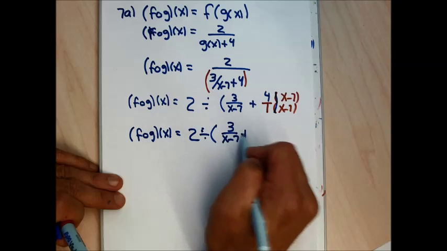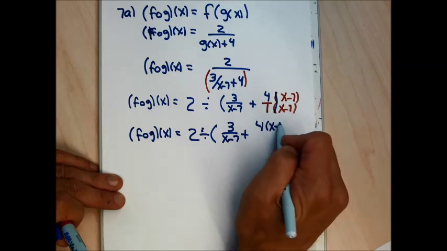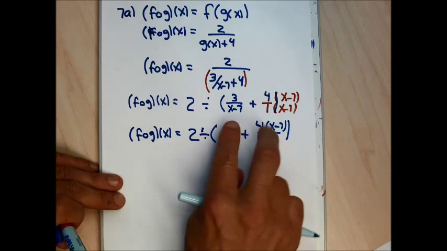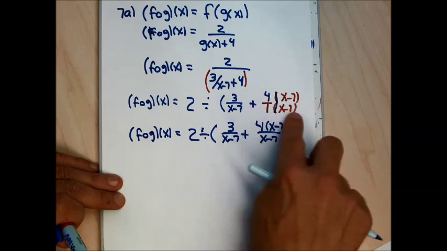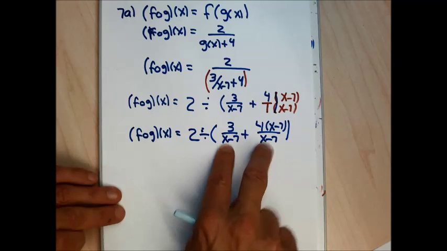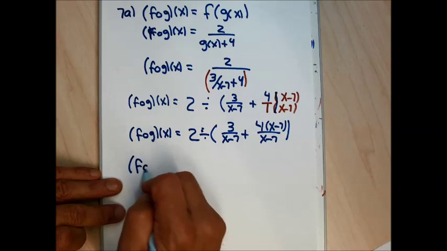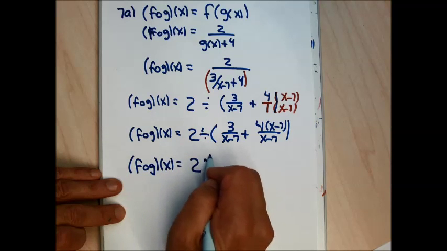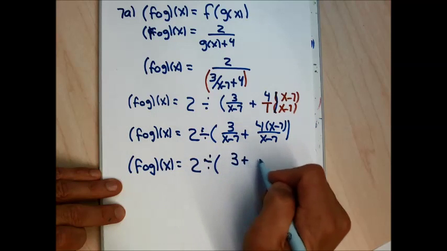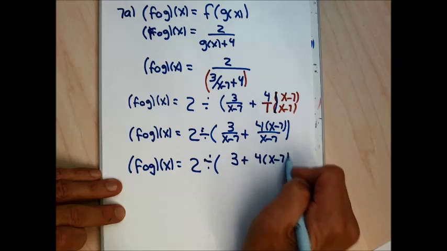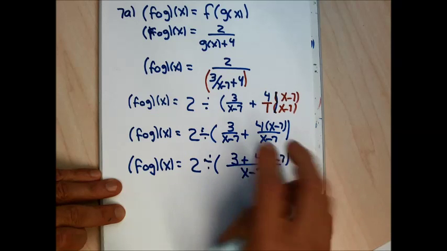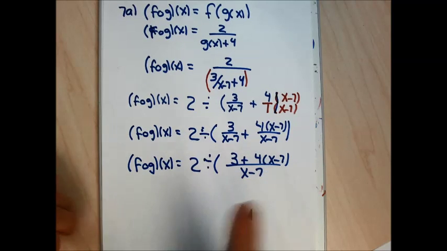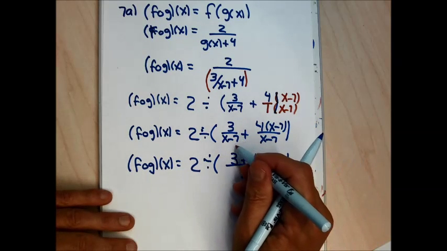This is going to give me f composed with g of x equals 2 divided by 3 over x minus 7 plus 4 times x minus 7 over x minus 7, because now I just did the multiplications there, made that fraction, and these two fractions have the same denominator. This is going to give me f composed with g of x equals 2 divided by 3 plus 4 times x minus 7 over x minus 7. These two fractions have the same denominator. I can make them into a single fraction. Now I'm going to work on that numerator.